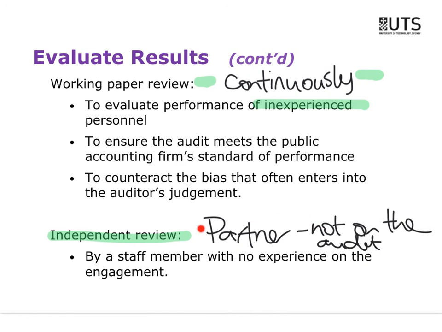We'd have them in the same industry, but that gives us an independent check. And that is all about minimizing our audit risk. All right. Minimizing the risk we get sued for giving the wrong opinion. So we always ask for second set of eyes.